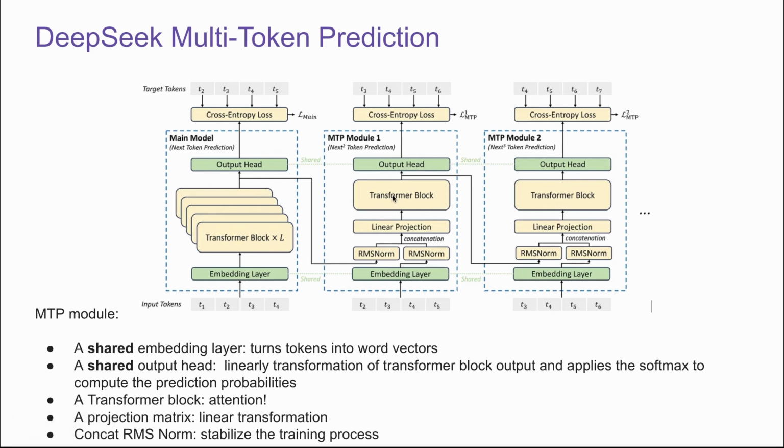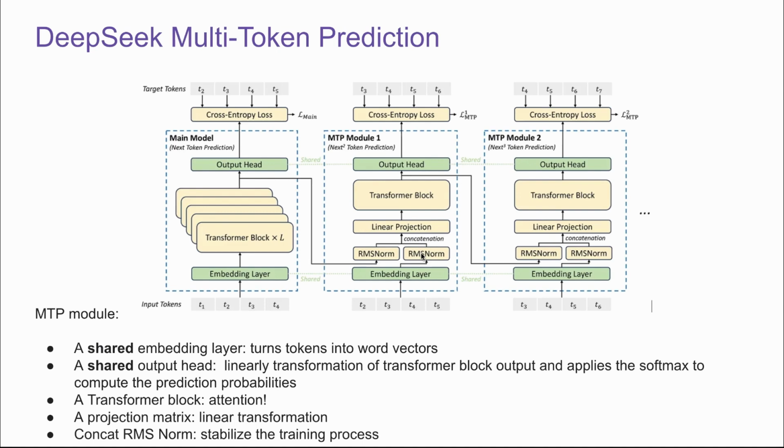So this is also shared. Then there's the transformer block. It's for attention. And then there's the linear projection matrix. This is doing a linear transformation because we have a concat here, so we want to keep the rows and columns, the dimensions, consistent. And then there's the RMS norm. This is to stabilize the training process.